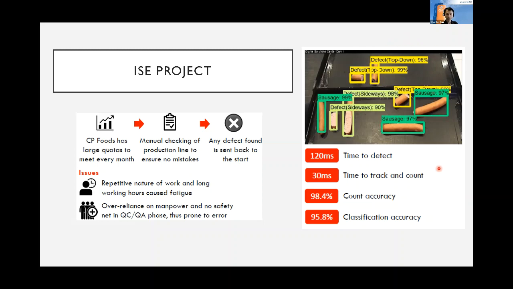A video feed is essentially just a series of still photos, and with each of these photos, they can analyze it. From here, we just need to train the machine to know: if I see a sausage here, is it a good sausage or a defective sausage?